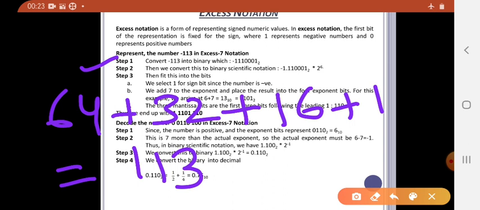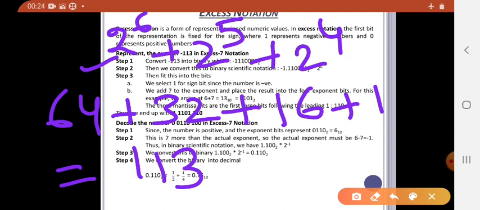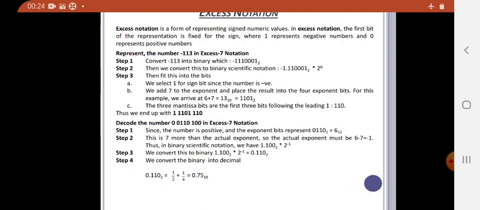That means 2 to the power 6 plus 2 to the power 5 plus 2 to the power 4 plus 2 to the power 0 gives 113.